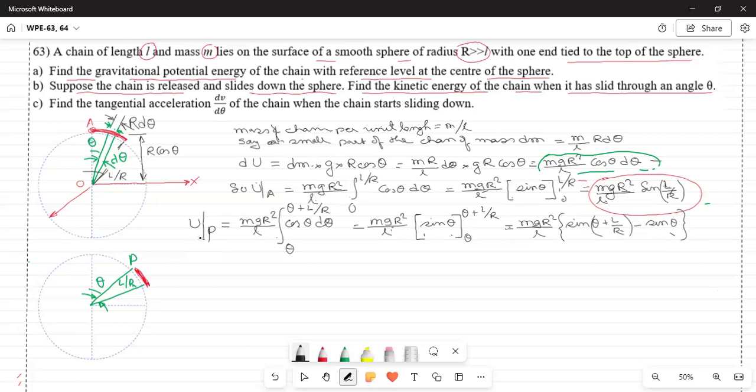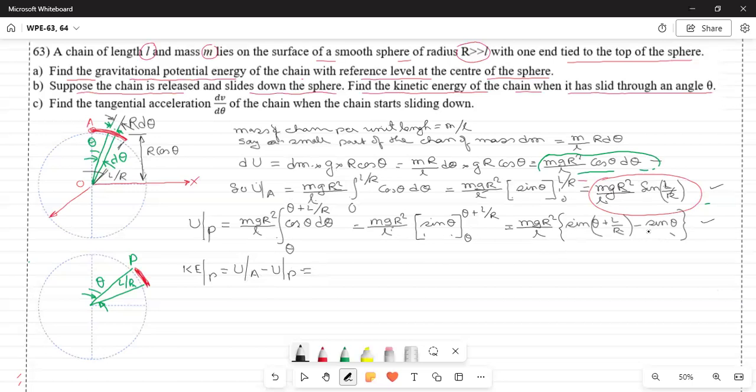So what is the loss of potential energy? This potential energy minus this potential energy. To remember later on, we can write that kinetic energy at P will be equal to potential energy at A minus potential energy at P. If you write this in the note, it will be easier to understand later. So potential energy at A was mg r square by L sine L by R, minus this.